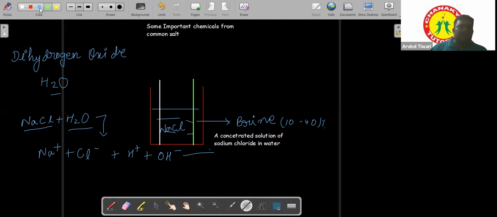Let's connect them with the battery. Now see what will happen in the solution.